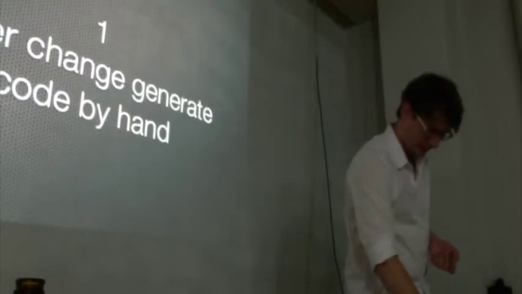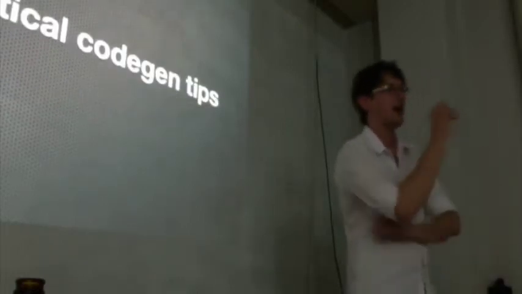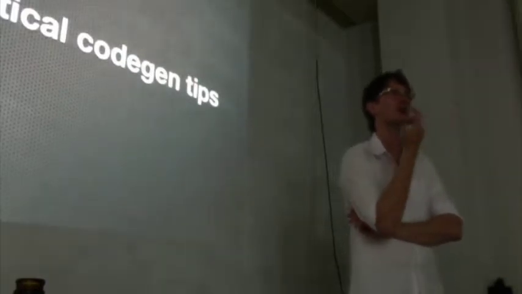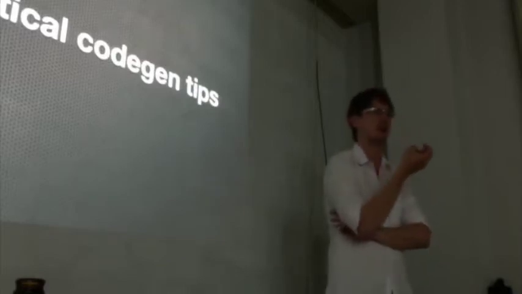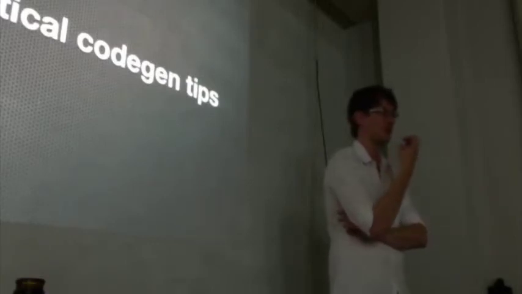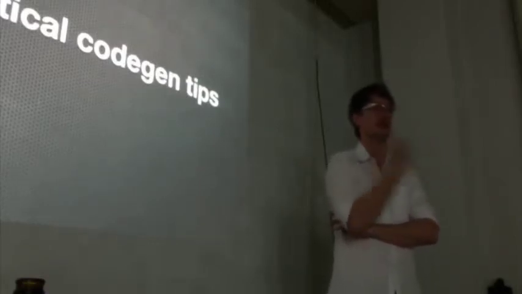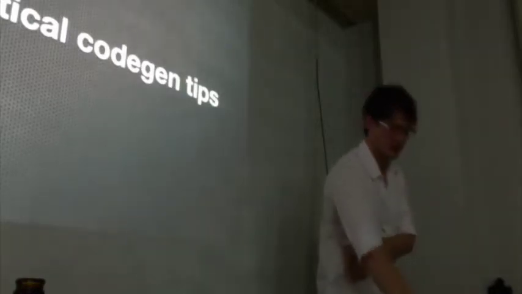So, practical code generation tips. I think one thing we learned from this whole model-driven era was that it can become very complex if you're not careful. You really have to be careful where to use code generation. Just make sure it really enhances your productivity and doesn't give you something very complex and hard to manage.